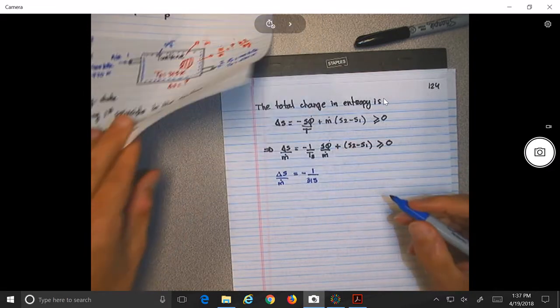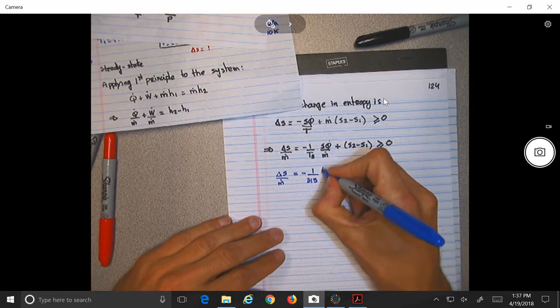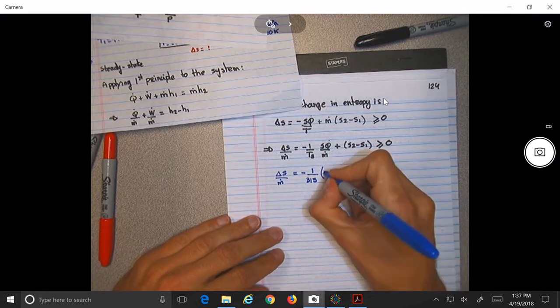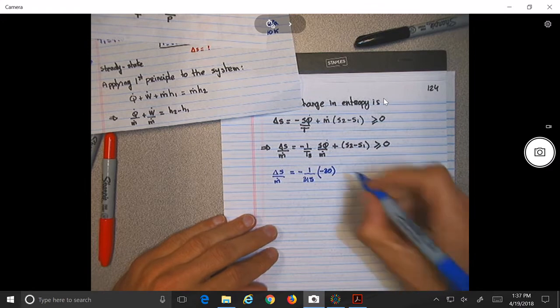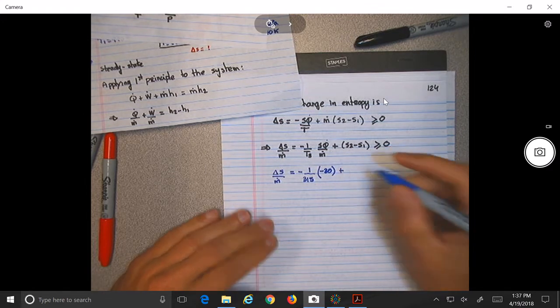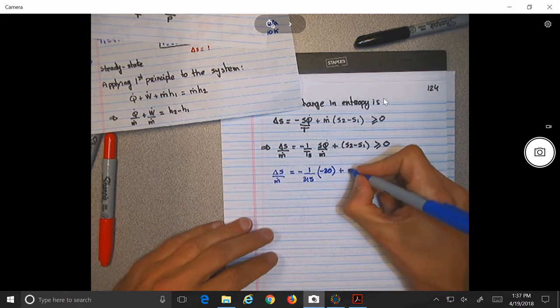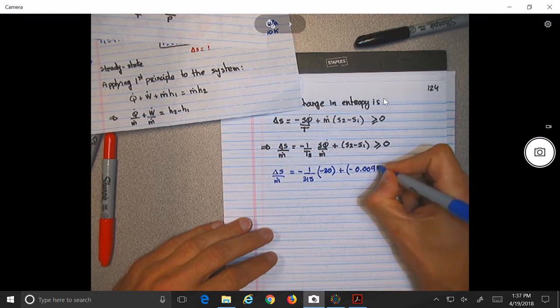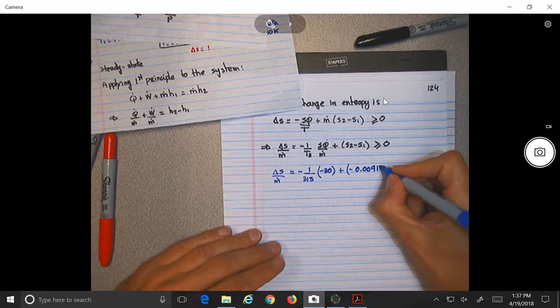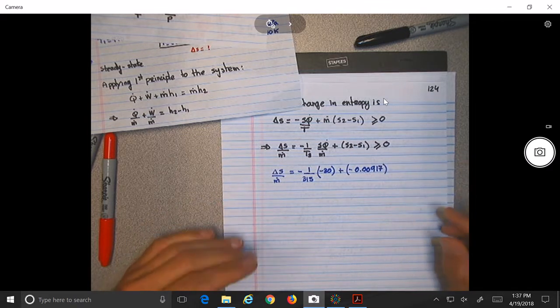The delta Q over M is equal to what? Negative 30. That's why this is going to become positive. Plus what we just calculated, so negative 0.0091, it doesn't matter, 17, okay? Let's use that one.